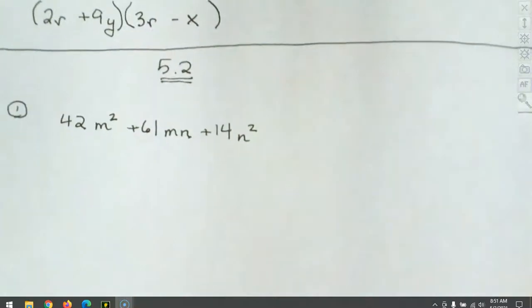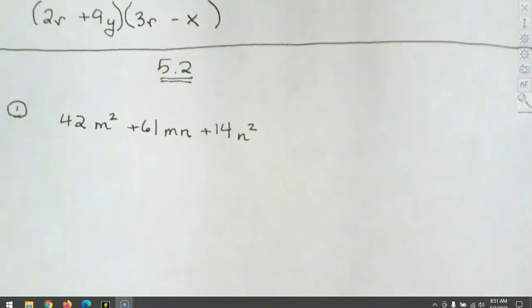We may be able to factor something out. Let's see if a 7 will go into that 61. Nope, it won't. Okay, so nothing else is going to come out, I don't think, because we've got a 14, which has a 7 and a 2 in it. We've got a 42 that has that 2 in it, but 61 does not have a 2 in it. So nothing is going to come out.